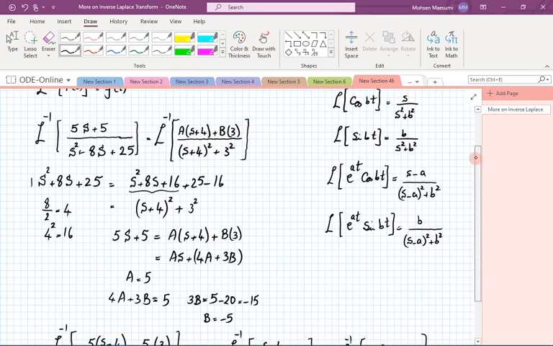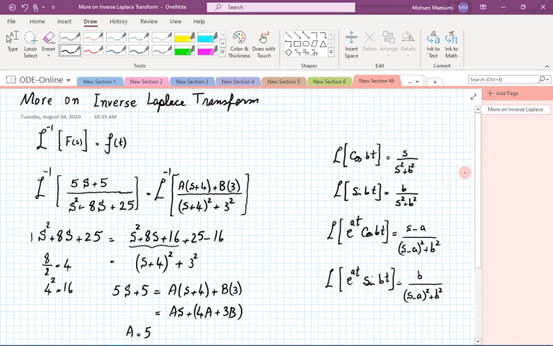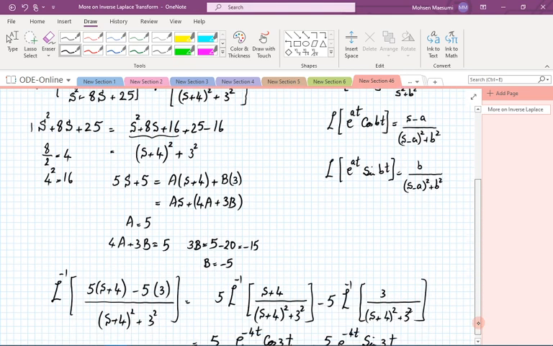So one of the main tools that we have for getting inverse Laplace transforms is partial fraction decomposition. And this is a very simple case of it, where we do the completion of squares in the denominator, split the numerator accordingly, and then we are done.